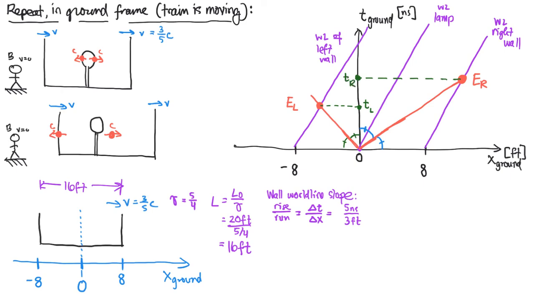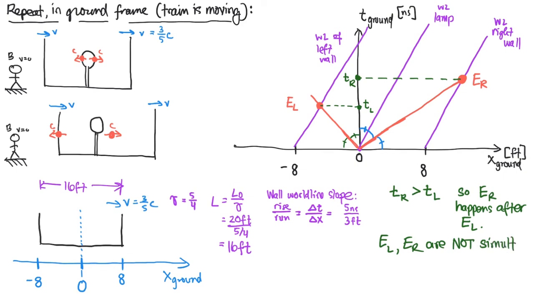And we can very clearly see that TR is bigger than TL, which means that ER happens later, or happens after EL. So these events, E left and E right, they were simultaneous in the train frame, but they are not simultaneous in the ground frame. Okay, so EL and ER are not simultaneous in this ground frame.